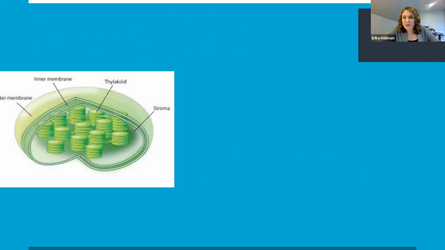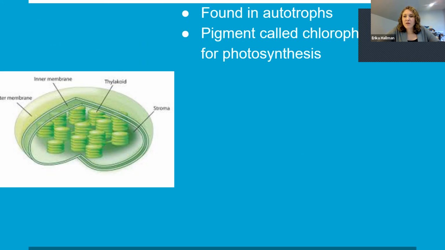So let's talk first about the chloroplast, and you can fill in the notes on the left-hand side of your page 11. The first is that chloroplasts are only found in autotrophs. And we learned that they have a pigment inside of them that is green, that gives the plant its green color. And we call that chlorophyll. The chloroplasts have an inner and an outer membrane. We learned this in class. That's super significant because the membranes look slightly different from each other.